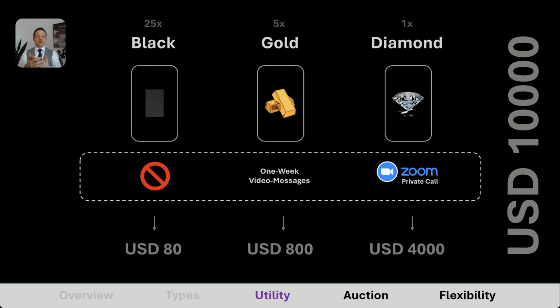A gold card jumps from $200 to $800. And a diamond private Zoom call can end up for $4,000 or higher. And then we're speaking for the month of January, $10,000 or more. It really depends on how much value you provided in the past on your social medias, how many super fans you have, and how much attention you are providing.